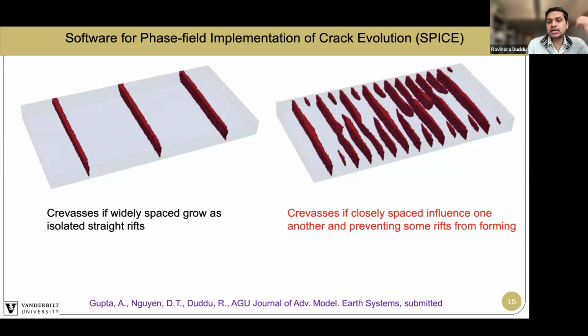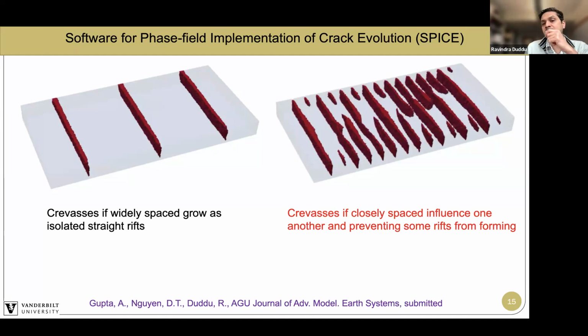So this is interesting, and what we thought from this is that in closely spaced crevasses, these other rifts, or other horizontal crevasses, if I can say that, they all influence each other.